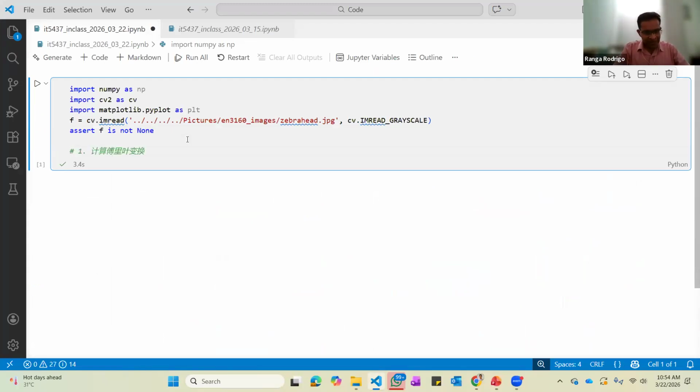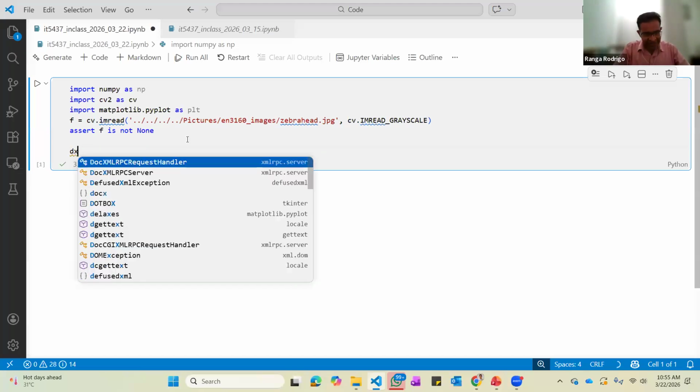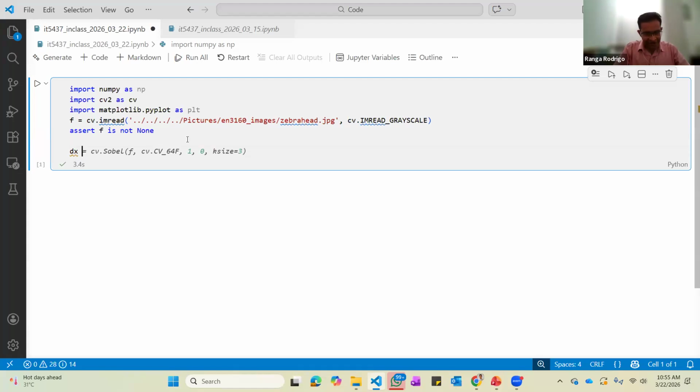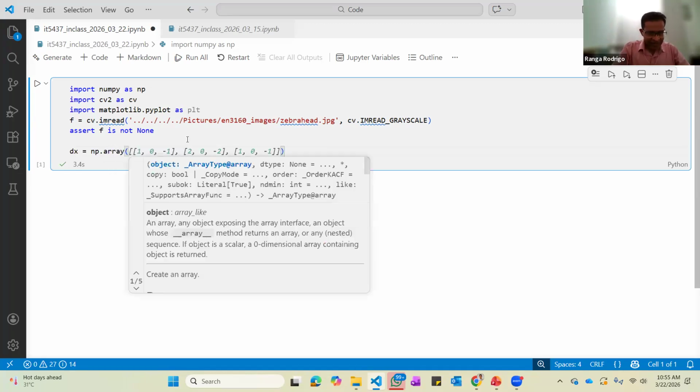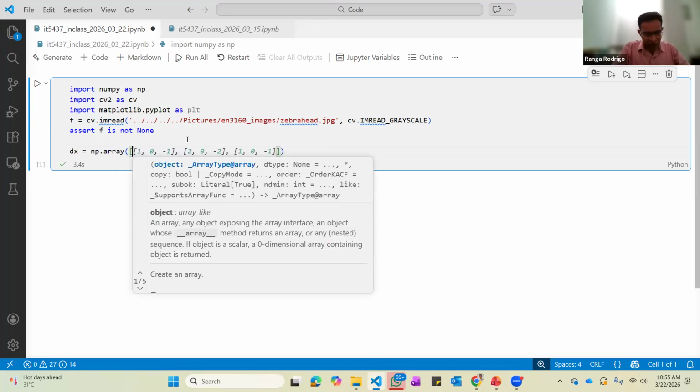So I want to define the kernel. I will say dx kernel, dx equals np.array. I will define it as a central difference formula kernel, vertically downward.